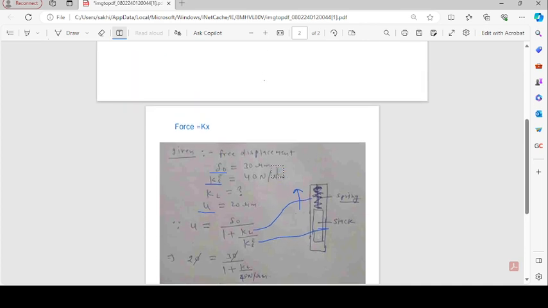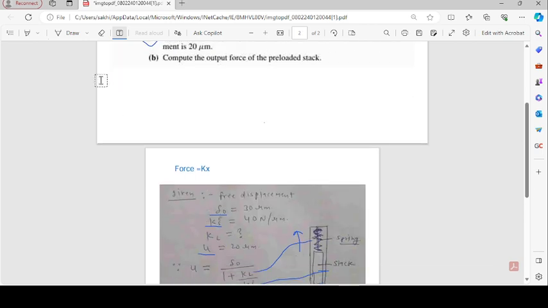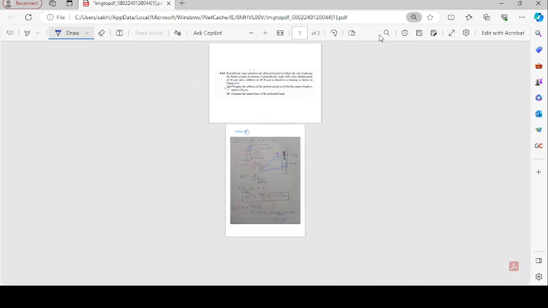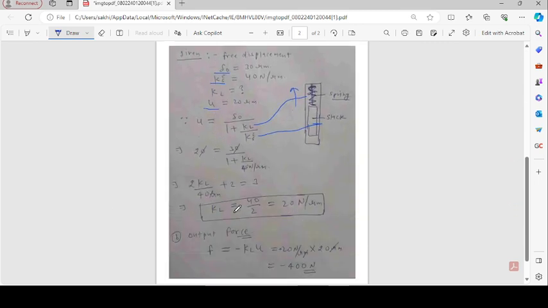In the first part, we calculated the stiffness of the spring, and we know x is nothing but the displacement, right? We have 20 micron displacement, and we already calculated the stiffness.